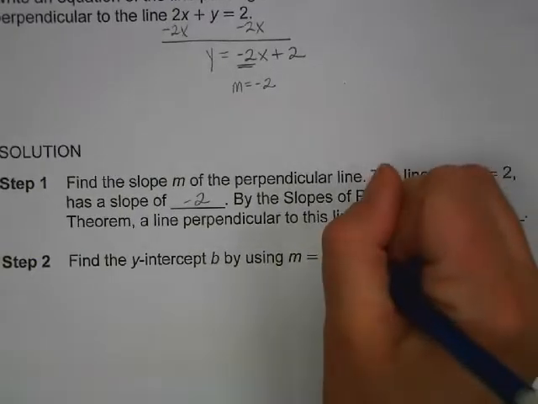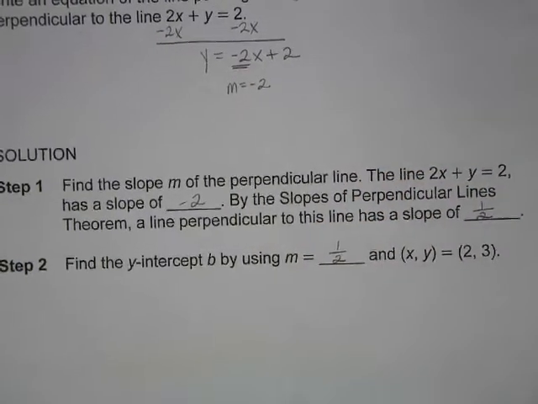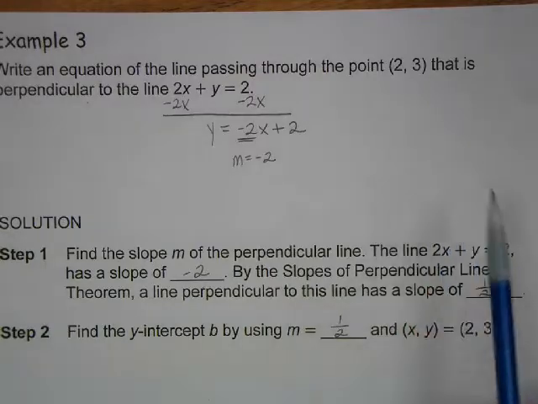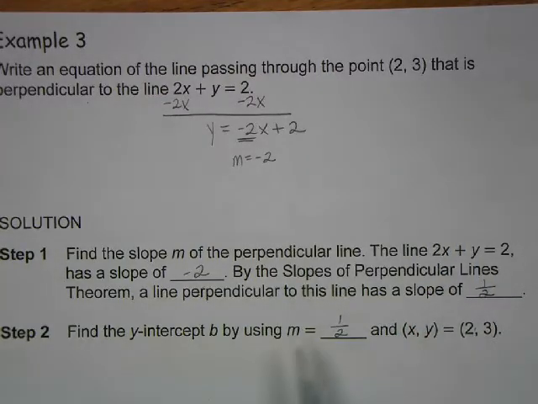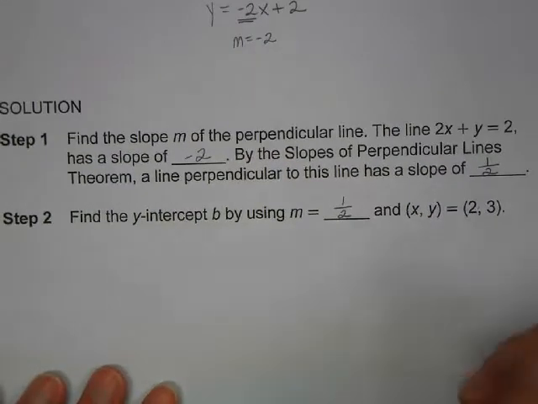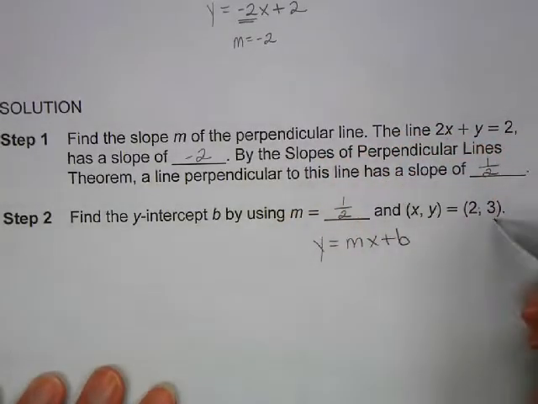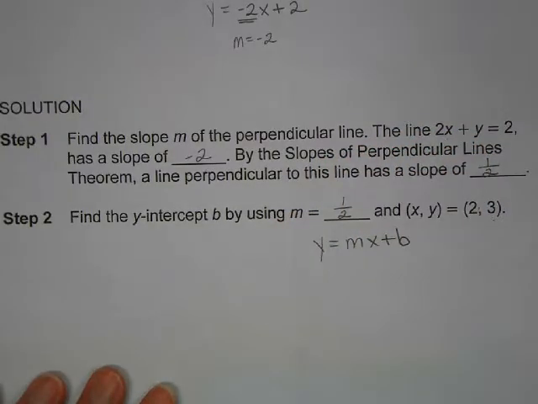So you're going to use a slope of 1/2. And remember, in the directions now, it has to go through the point 2, 3. So you're going to calculate the y-intercept if the slope is 1/2 and it goes through 2, 3.